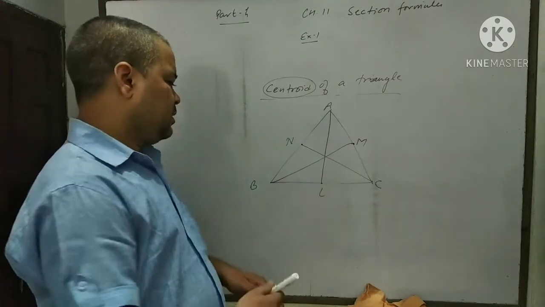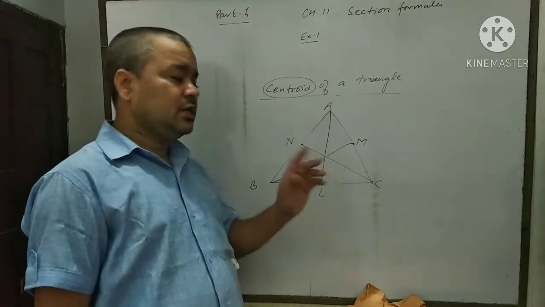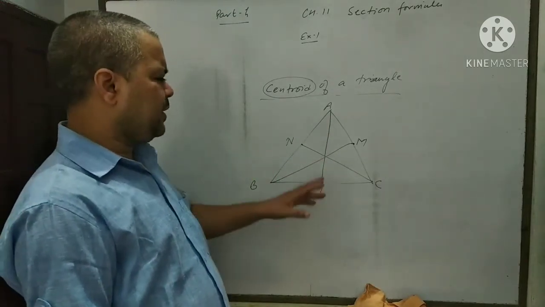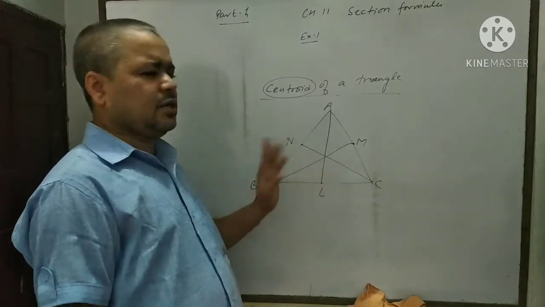Two equal parts means BL will be equal to LC. Therefore, AL is the median. Similarly, we have medians BM and CN also.